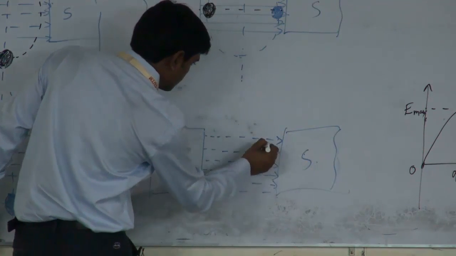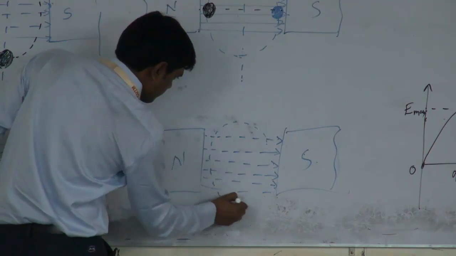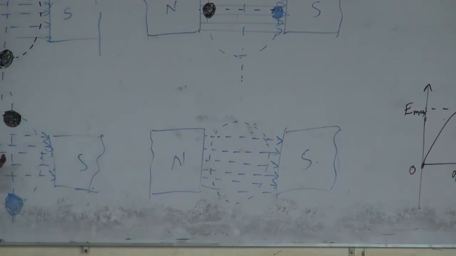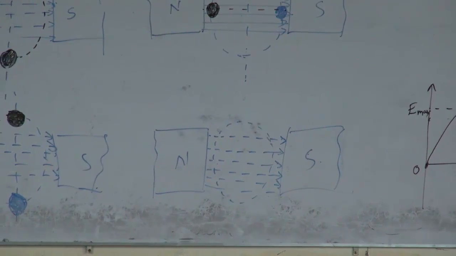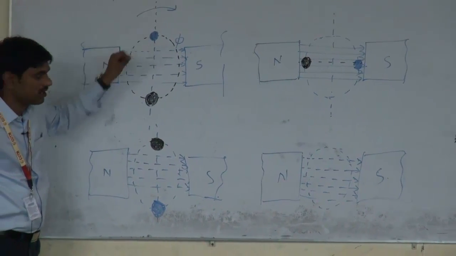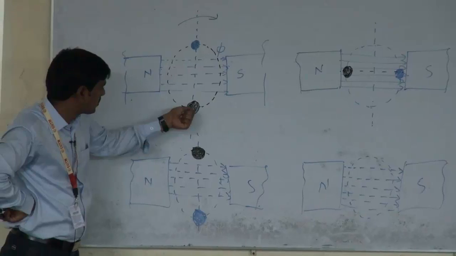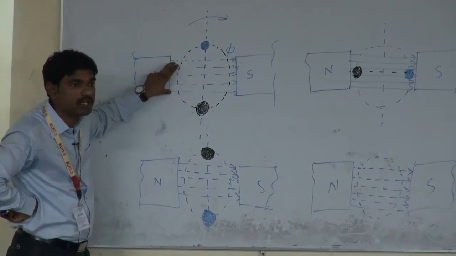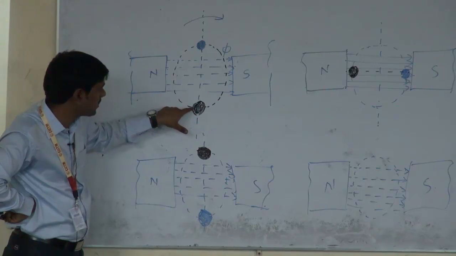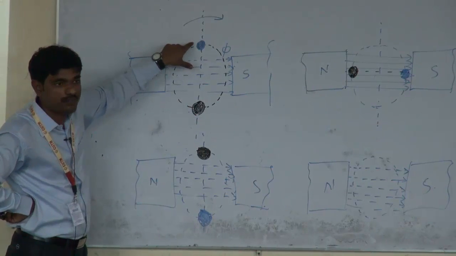So let me draw a circle. Now the coil completes 50% of the circle, half portion of the circle. Okay. Now the conductor here, when it is under the influence of the north pole, cuts the magnetic field from downwards to upwards, right?